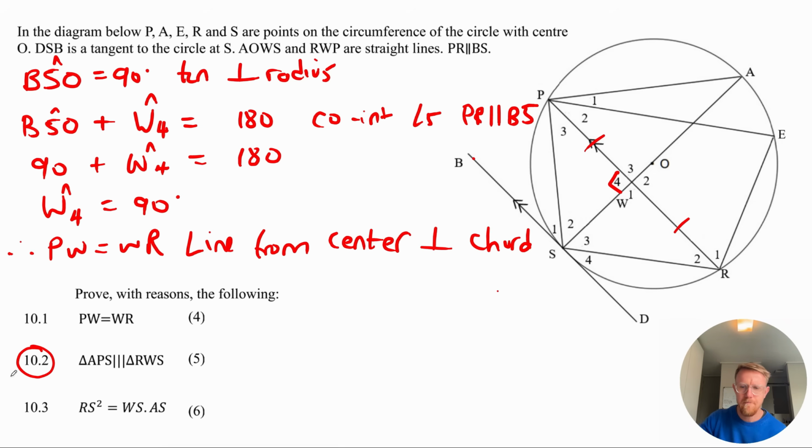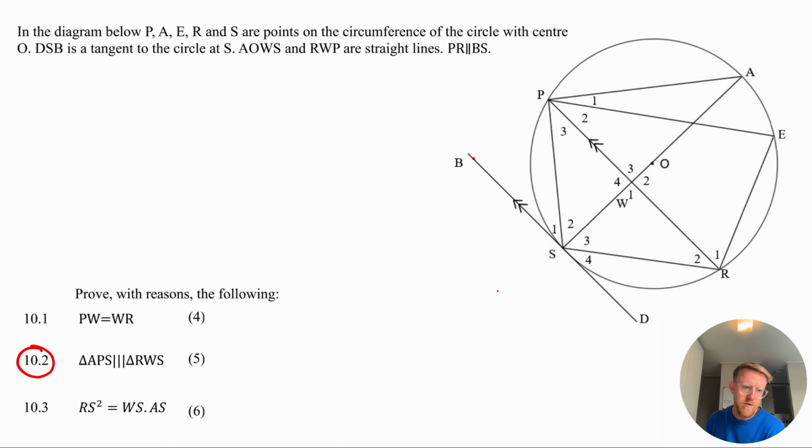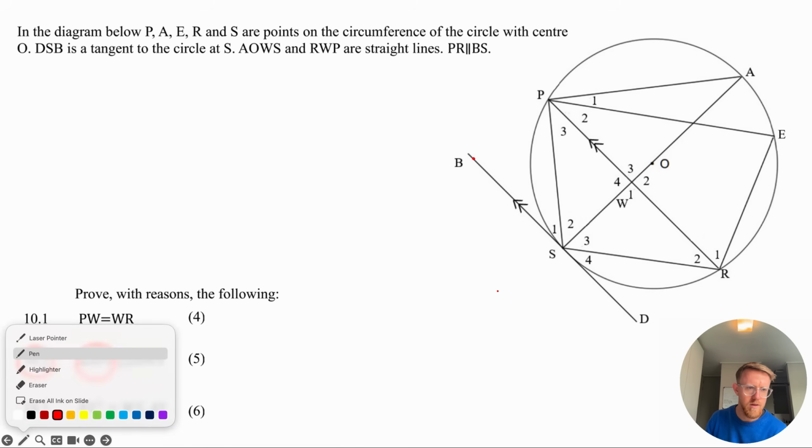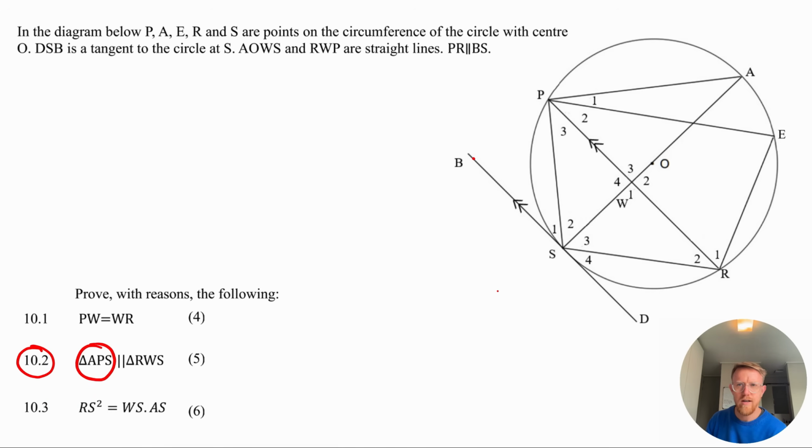This question. Here we have to prove that this triangle. So let's go find triangle APS. Okay, so that triangle there, they want us to prove that that is similar to RWS.